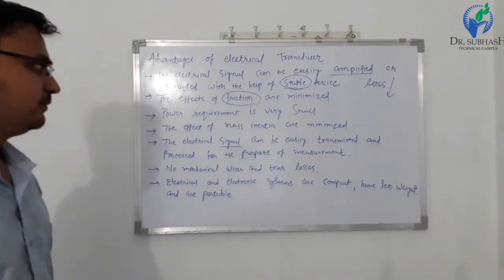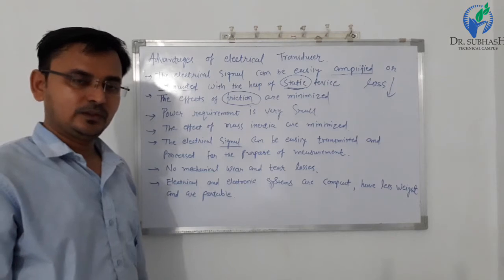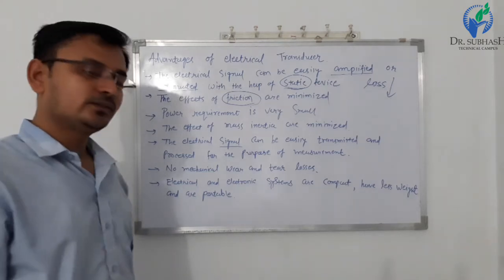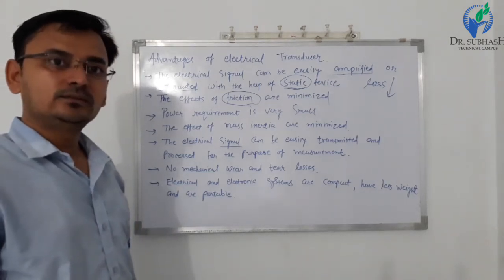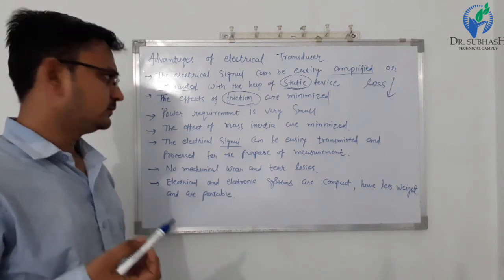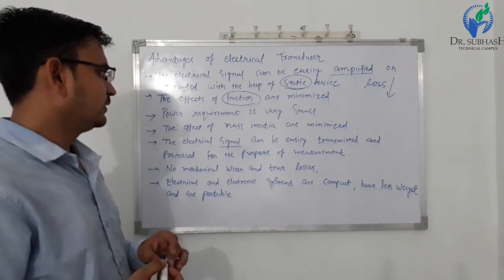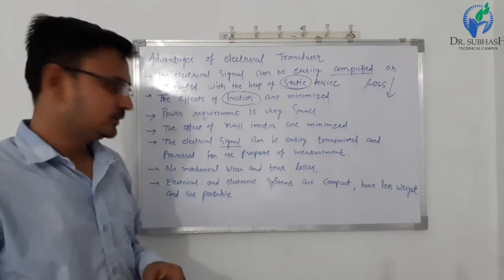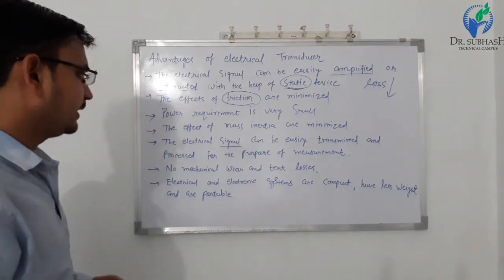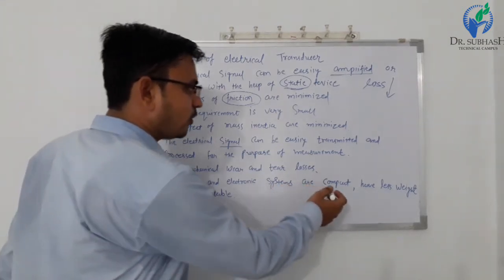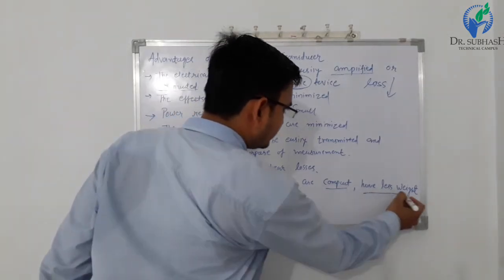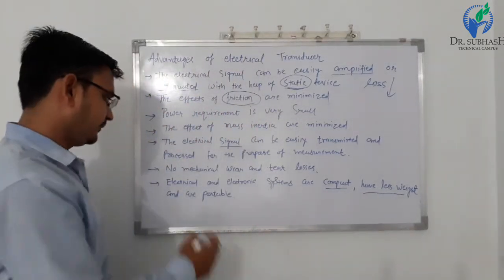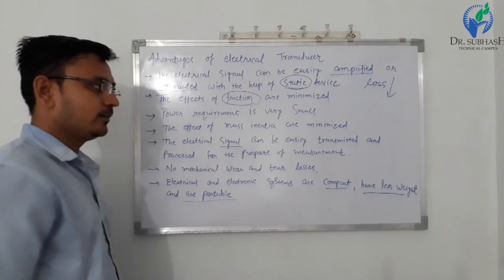Then, no mechanical wear and tear losses. Wear and tear losses are minimized, or not there at all, because there are no moving parts. Electrical and electronic systems are compact, have less weight and are portable.